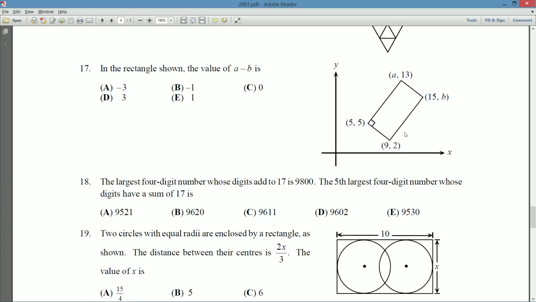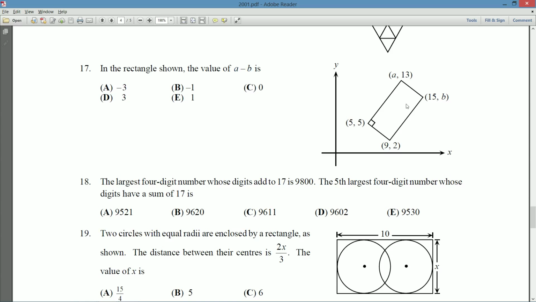We take the negative reciprocal, -1 over the slope between (5, 5) and (9, 2). And using point-slope form of the line, we can figure out the equation of those lines, and we know (a, 13) has got to be on one of them, (15, b) has got to be on the other. We can solve for a and b, and then figure out what a minus b is. So that's one way to do it.